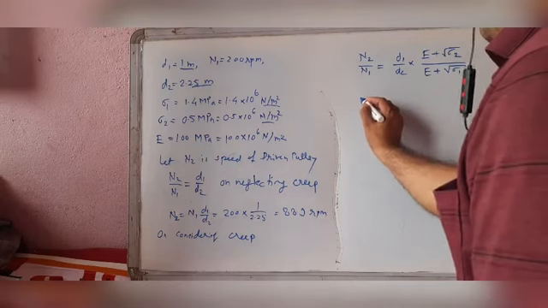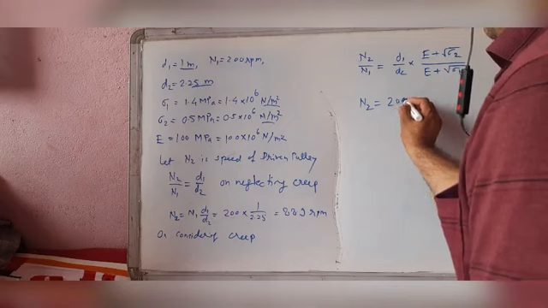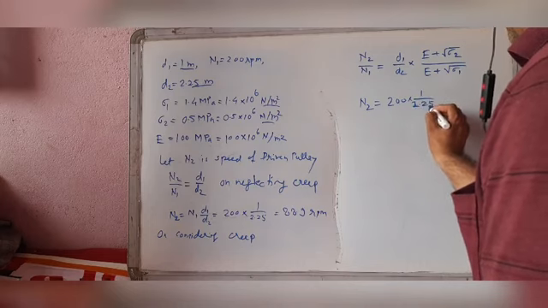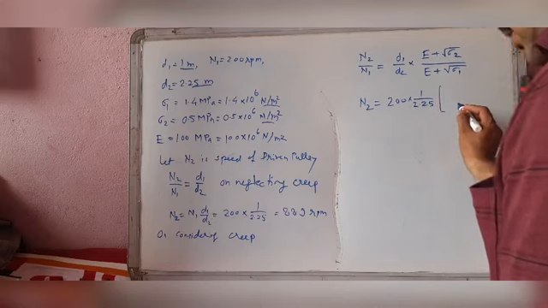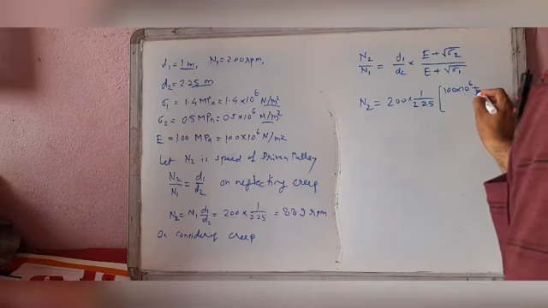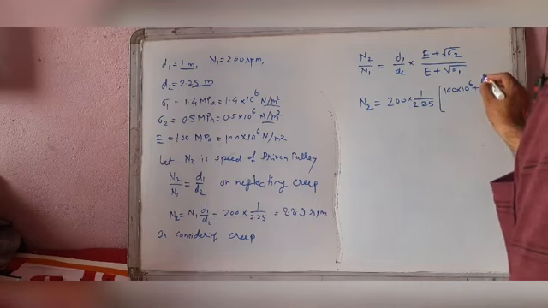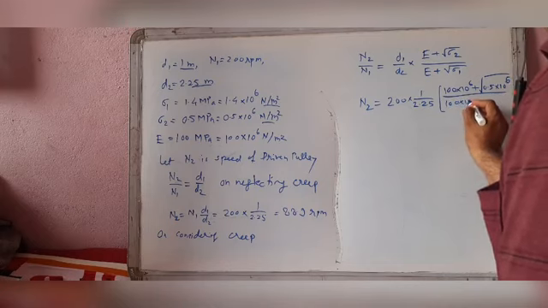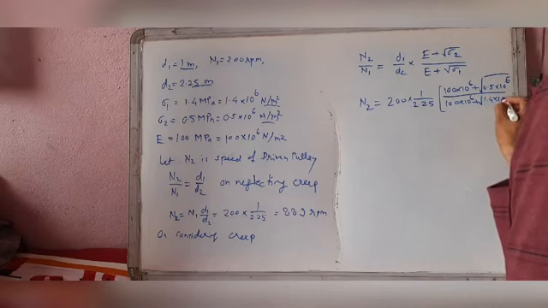Now putting the values here, N2 equal to N1, the value of N1 is 200 rpm, and D1 by D2 is 1 by 2.25, and E plus root sigma 2 is 100 into 10 to the power 6 plus square root 0.5 into 10 to the power 6, divided by 100 into 10 to the power 6 plus square root 1.4 into 10 to the power 6.